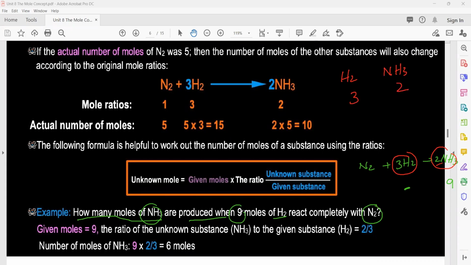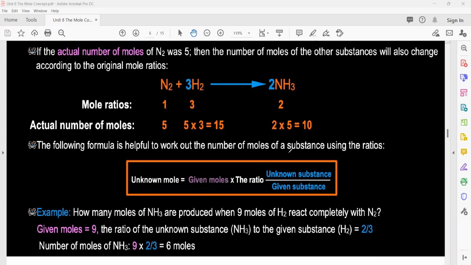Now they gave you how many moles of, no, sorry, it's not that question. Sorry, we just interpreted it wrong. They said how many moles of ammonia are produced. They need the moles of ammonia when 9 moles of hydrogen react with nitrogen. Here 1, 3, and 2.